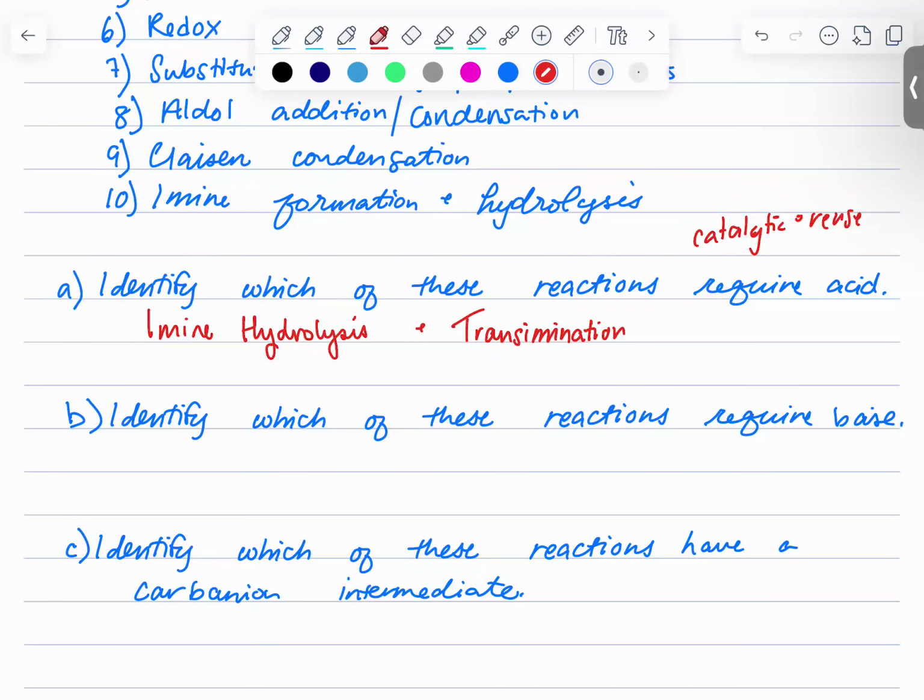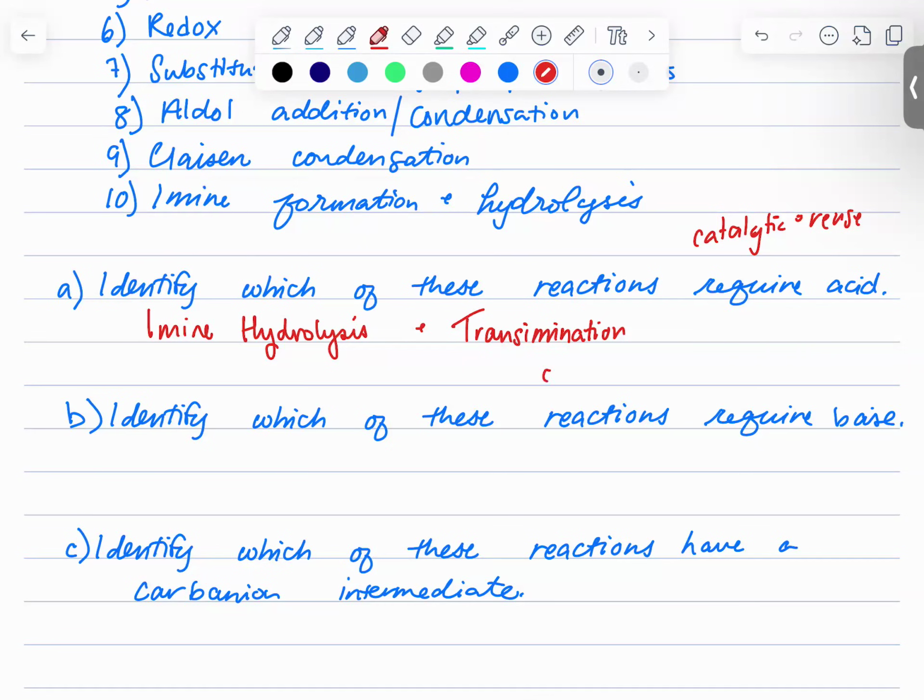How I determined this? Why isn't the reaction included? Why is this reaction included? Carmen? So transamination, what does an imine look like as a functional group?